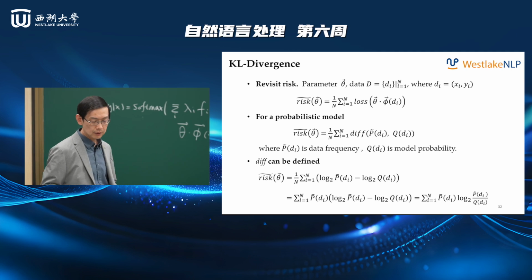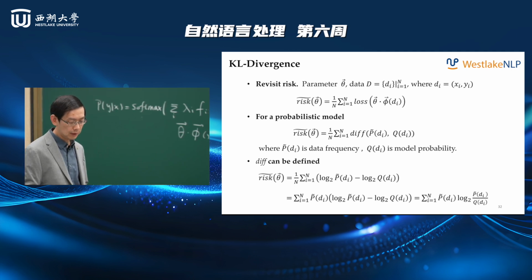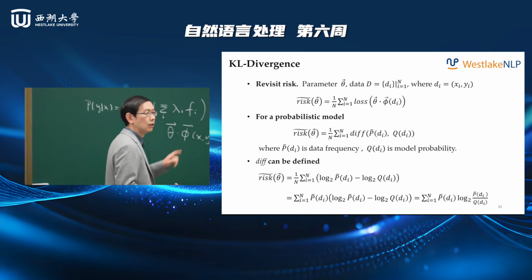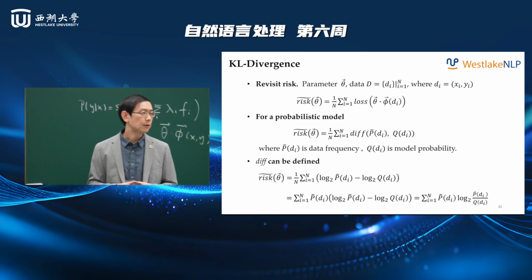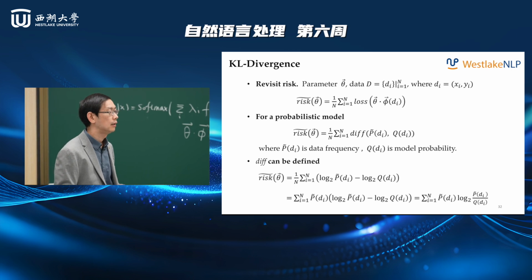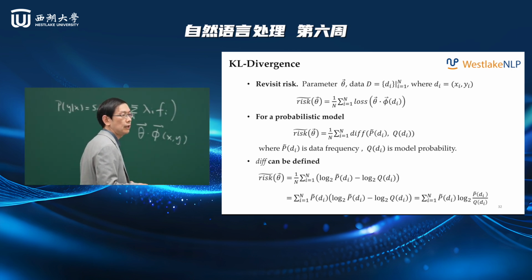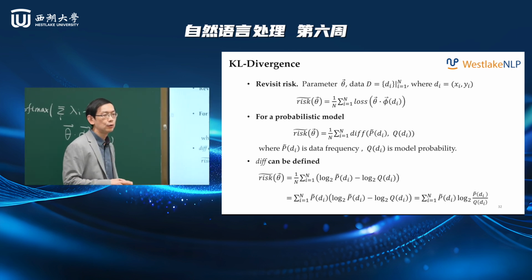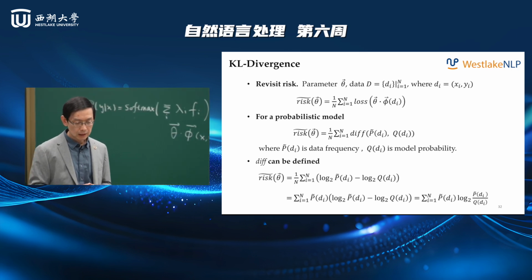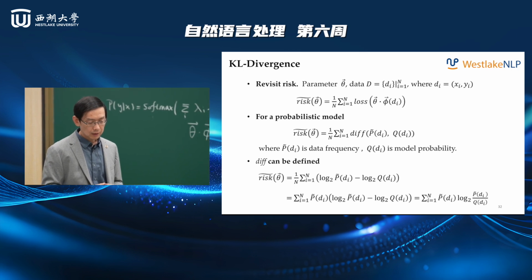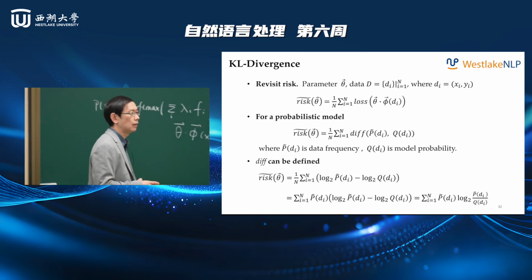Okay, a very intuitive definition is to use maybe the difference between the log probabilities, okay? So I say I calculate the loss of any training data by using log2 P tilde of d_i minus log2 Q of d_i.